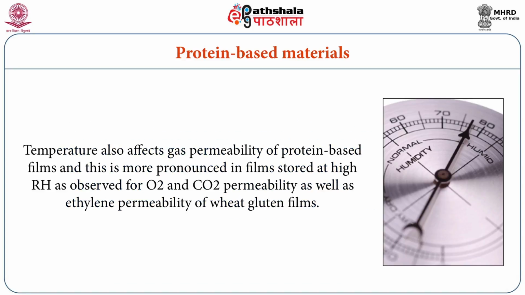Temperature also affects gas permeability of protein based films, and this is more pronounced in films stored at a high RH, as observed for oxygen and carbon dioxide permeability, as well as ethylene permeability of wheat gluten films.